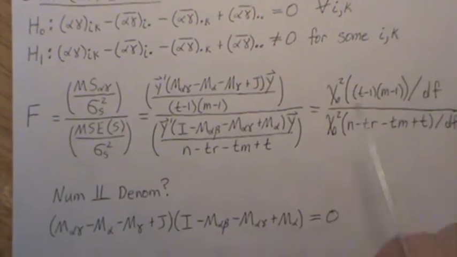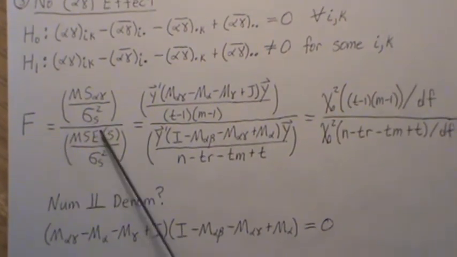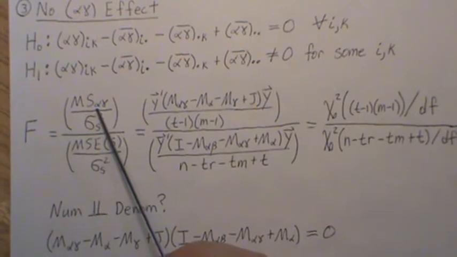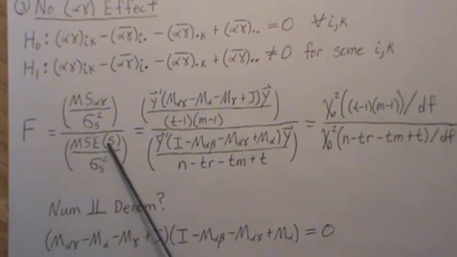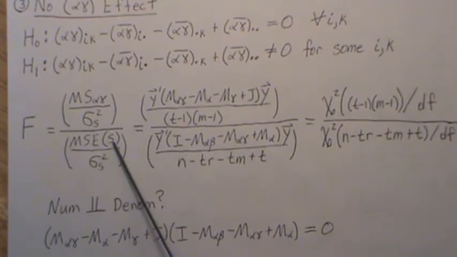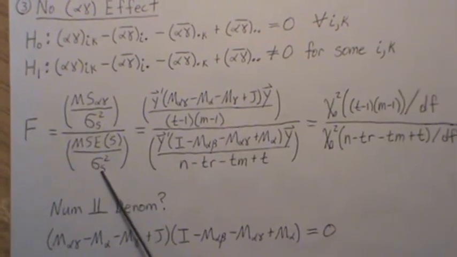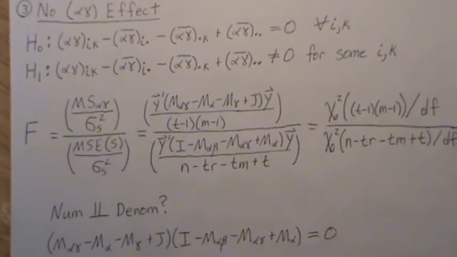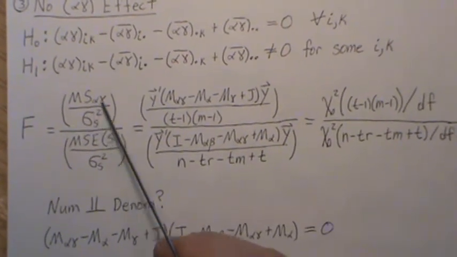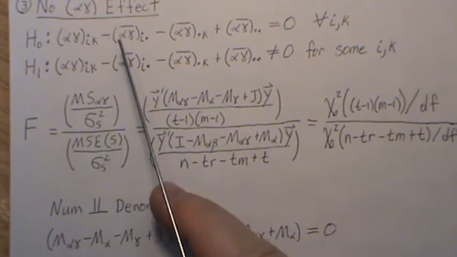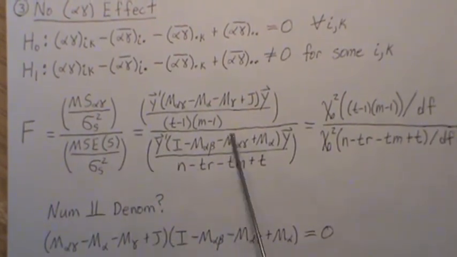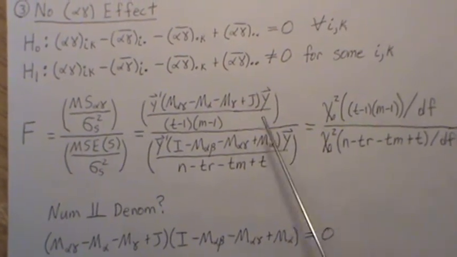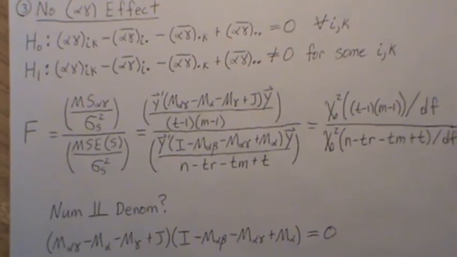And the test statistic is an F. So the mean square for alpha gamma divided by this constant, sigma s squared, over the mean squared error for the split plot divided by that same constant. These are both chi-square distributions. Under the alternative, this is a non-central chi-squared. Under the null hypothesis, it's a central chi-squared. Those constants cancel. We're left with this, and it's a chi-squared divided by its degrees of freedom.